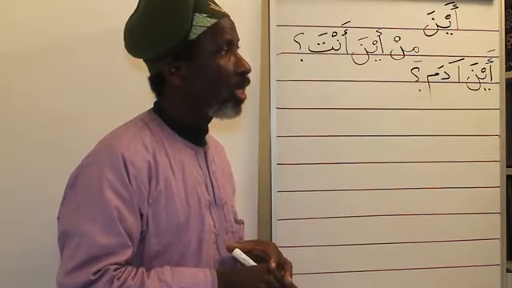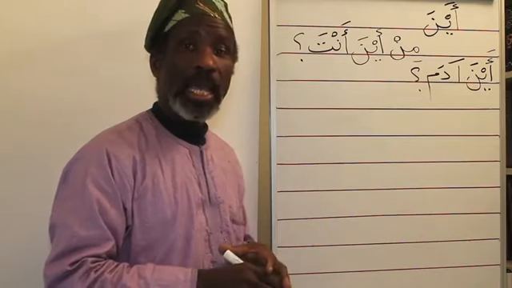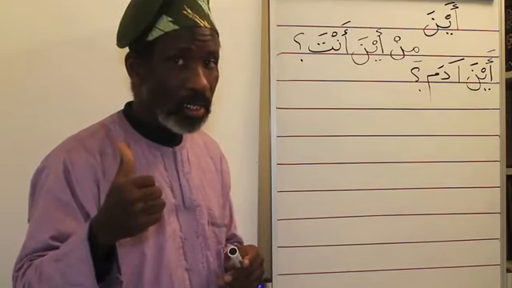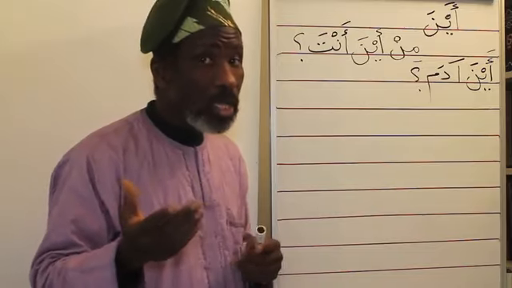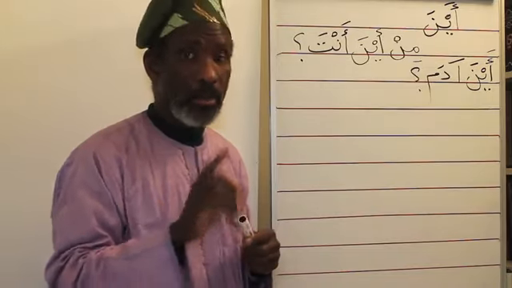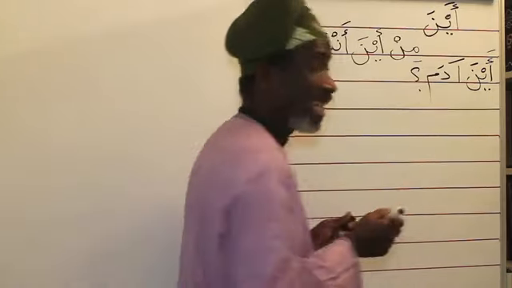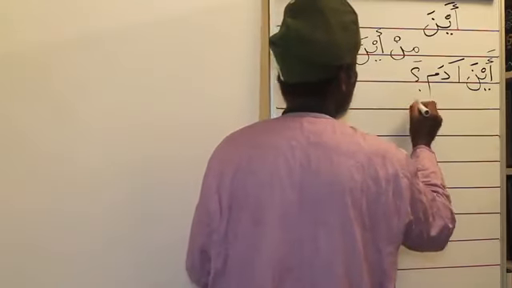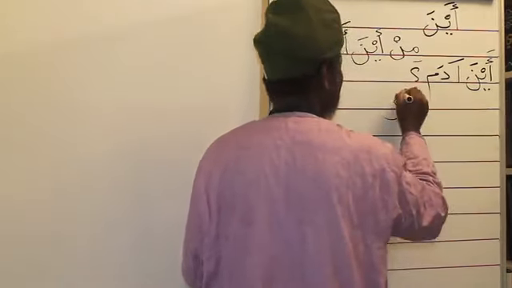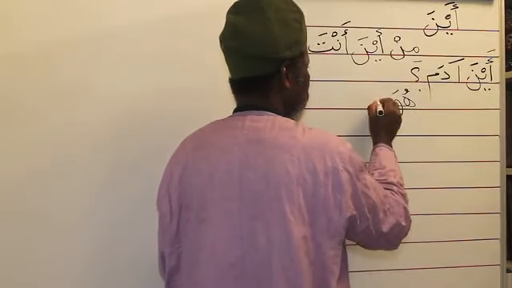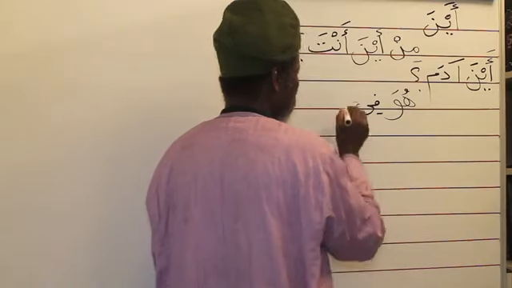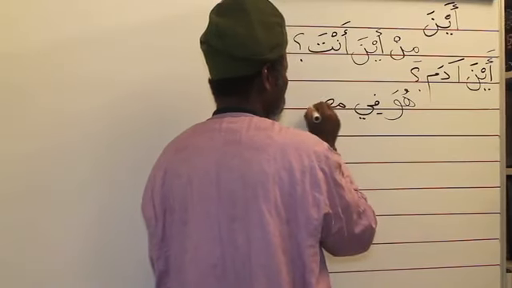You can say he is in Egypt. Huwa fi Misr. I'll write fi for you, which means in, can mean at sometimes. So huwa, he is, fi, in Misr.